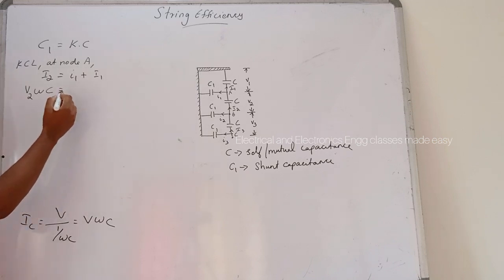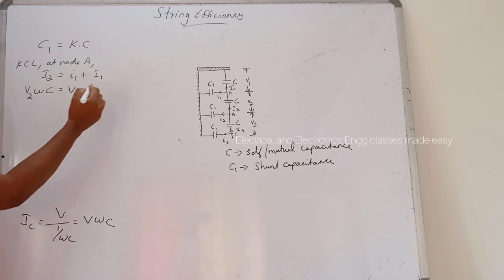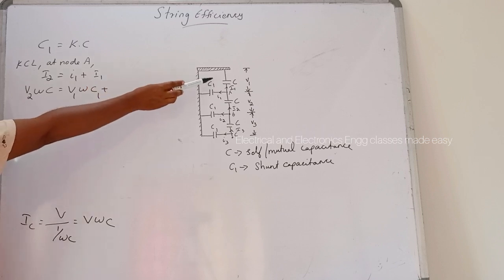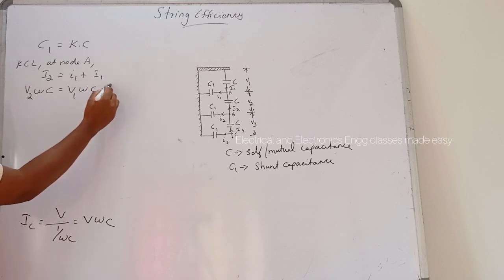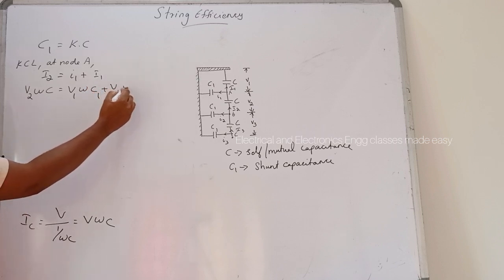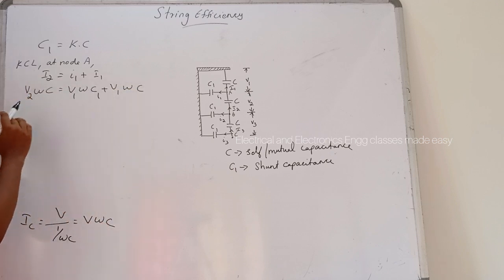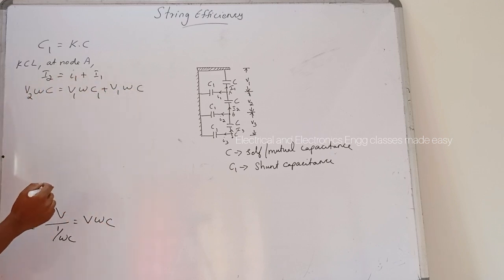So it will be V1 omega C1, plus I1. I1 is this current and that is equal to V1 omega C. So, that is at node A.